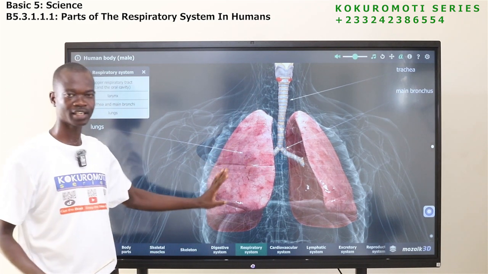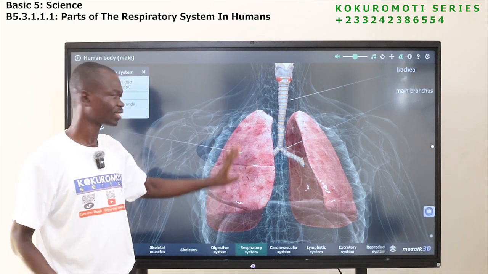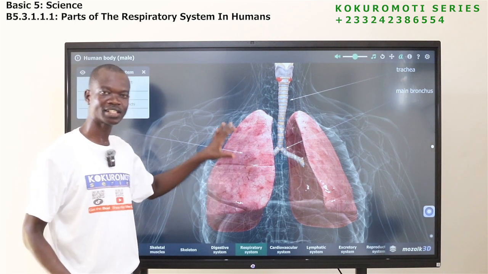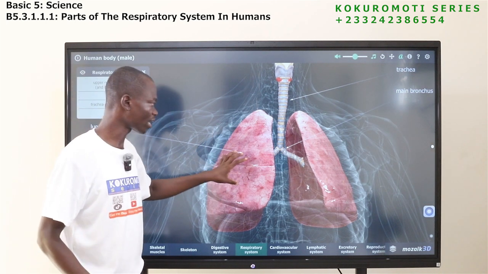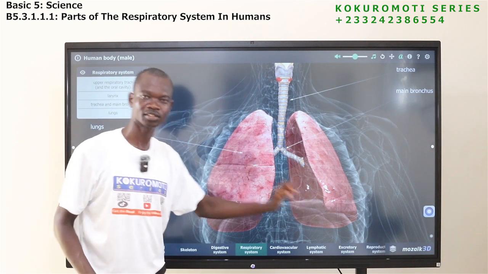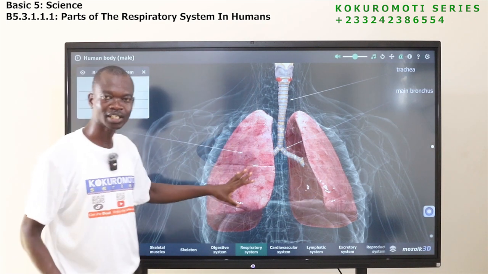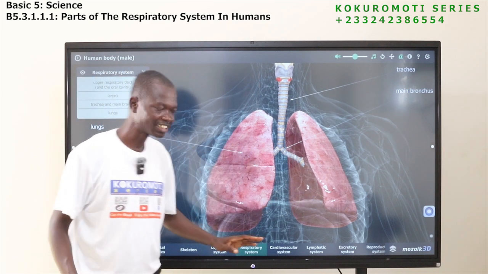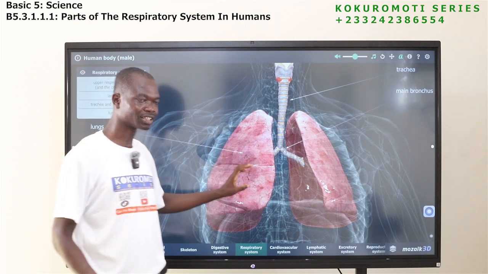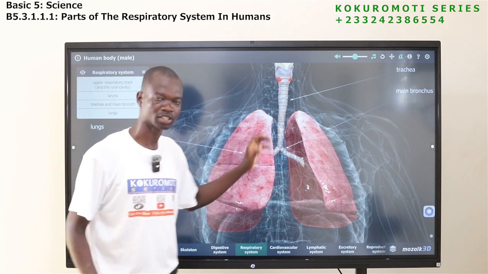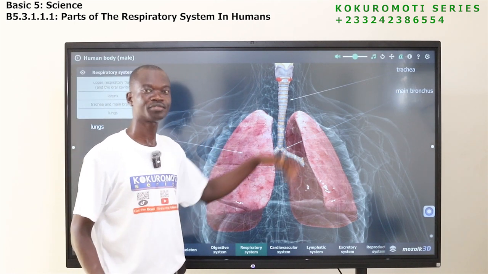This is where the air will come. The oxygen the body needs is released to the body here. The carbon dioxide the body doesn't need is also pushed out here. It's breathed out.